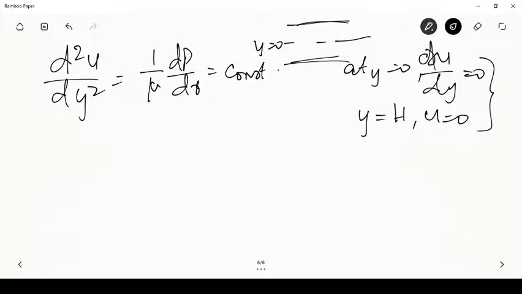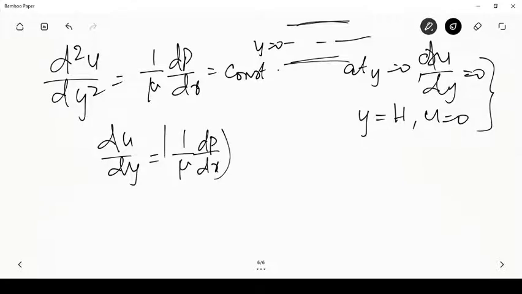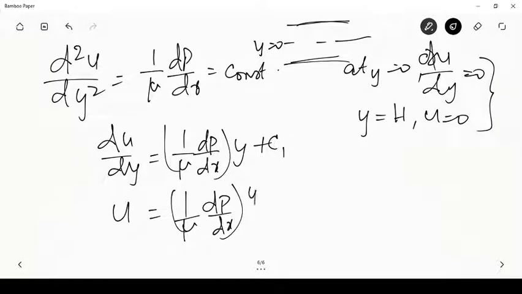These are the two boundary conditions with which I am going to solve this expression. If I solve it, I'll get du by dy is equal to 1 by mu dp by dx, which is a constant, multiplied by y plus, let us say, c1. If I integrate it a second time, I get u equal to 1 by mu dp by dx into y squared by 2 plus c1 y plus c2.